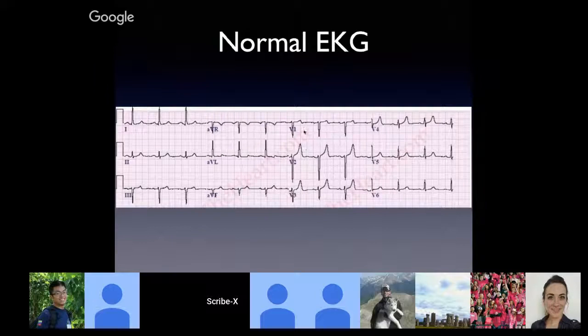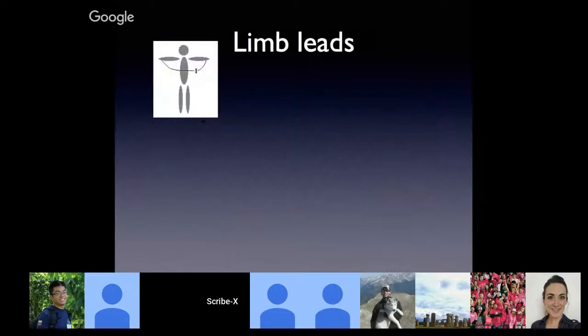And then the precordial leads, or leads arrayed around the chest, which we'll talk about in a moment. But there are 12 of these leads that we pay attention to most commonly. People talk about posterior leads and right-sided leads, and you can perform variations on these leads based on what you're looking for.